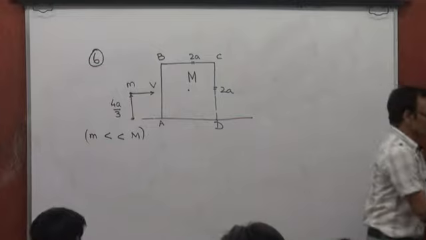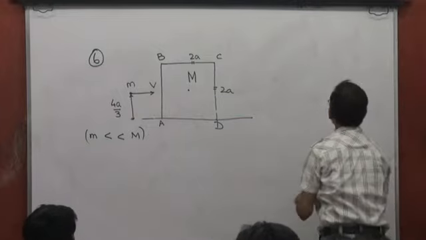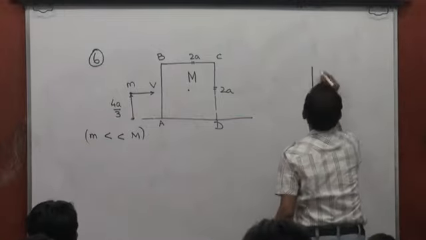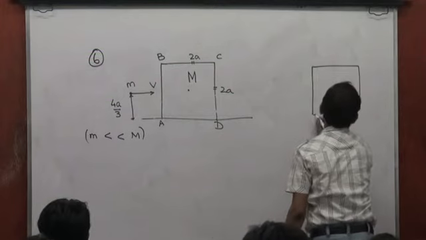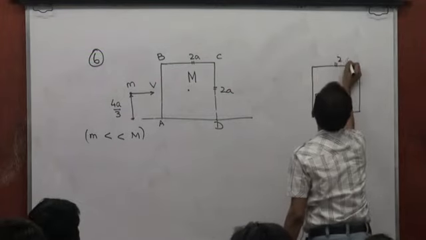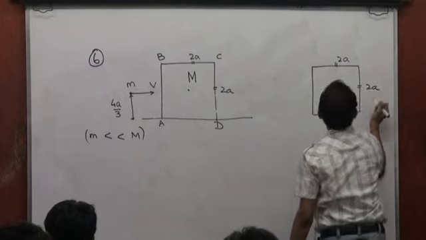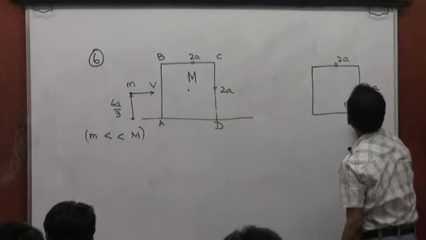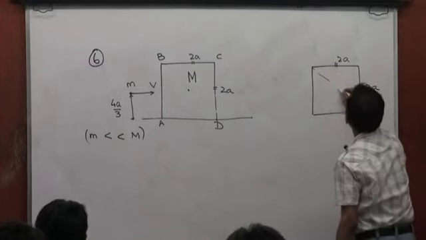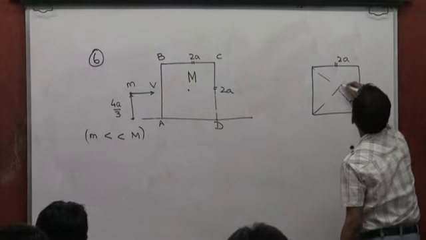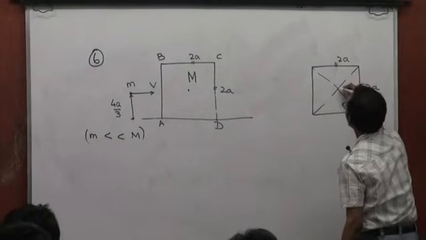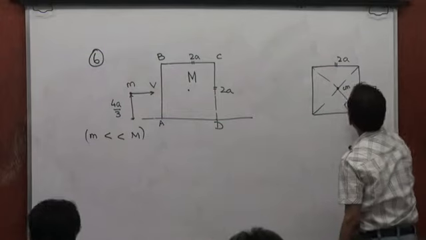Okay. Now just a few quick things. For a cube 2a by 2a by 2a, this is the center of mass.